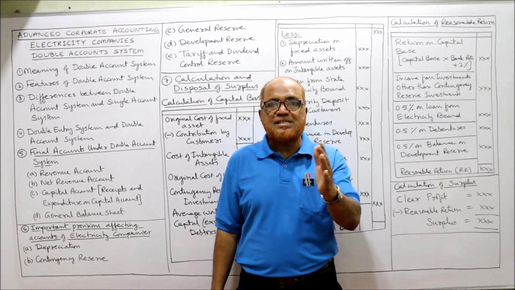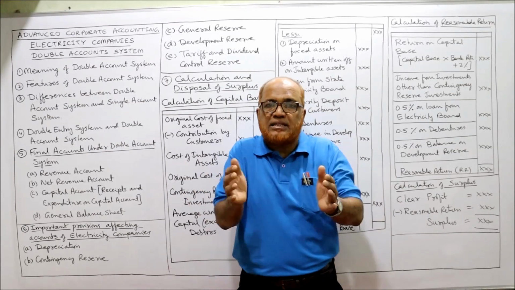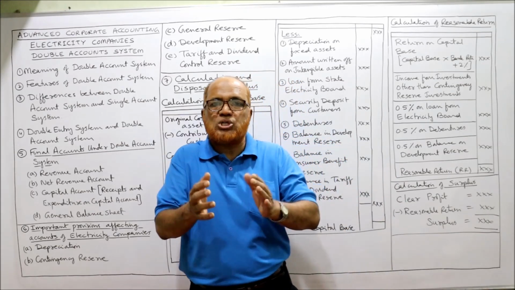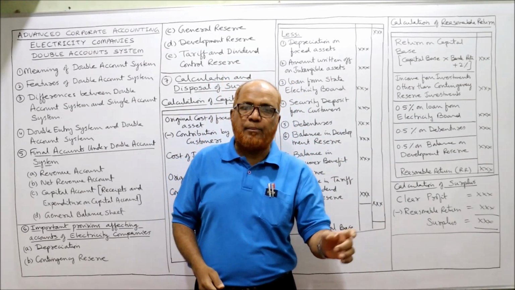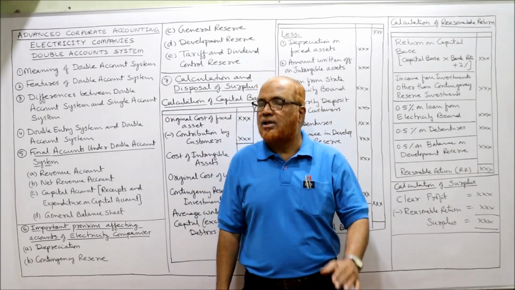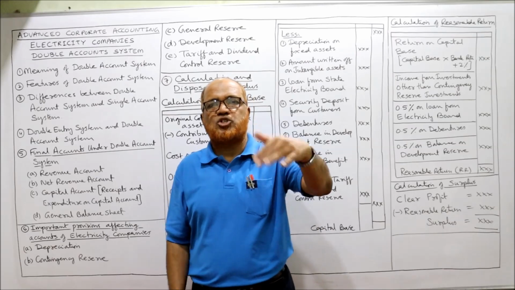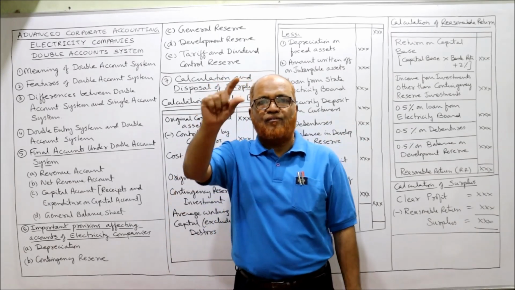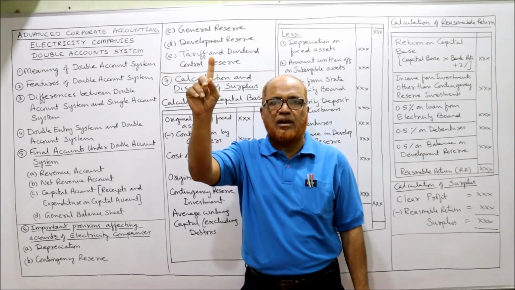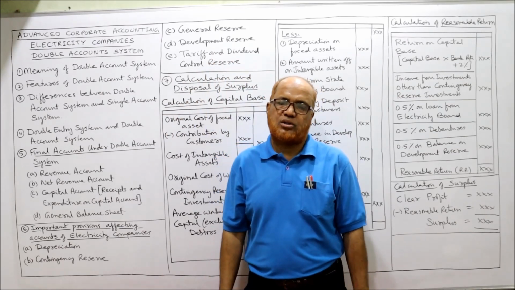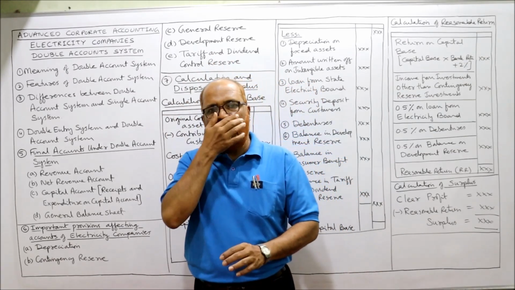Depreciation will be kept separately. Accumulated depreciation, depreciation fund will be taken on the liability side of the general balance sheet. Whereas every year depreciation will be charged to revenue account. The fixed cost of the asset will remain same in the capital account. That is also one of the differences.